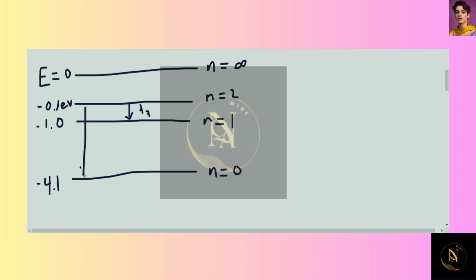This length here gives us lambda 1. And this transition here gives us lambda 2.